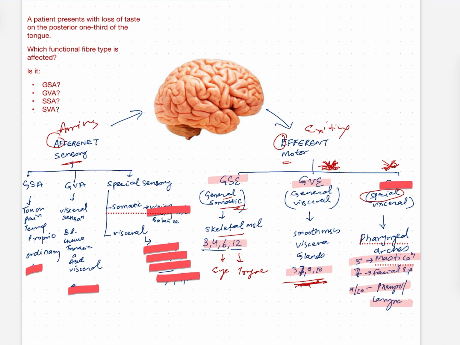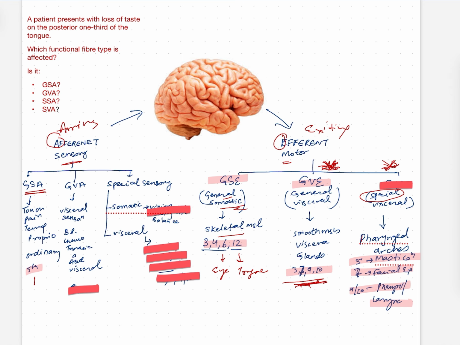They take sensations, pain, touch and temperature, from the head and neck region. Which nerve does this? The main part is the fifth nerve, and a small part is by the seventh, ninth and 10th nerves. Main is the fifth nerve.